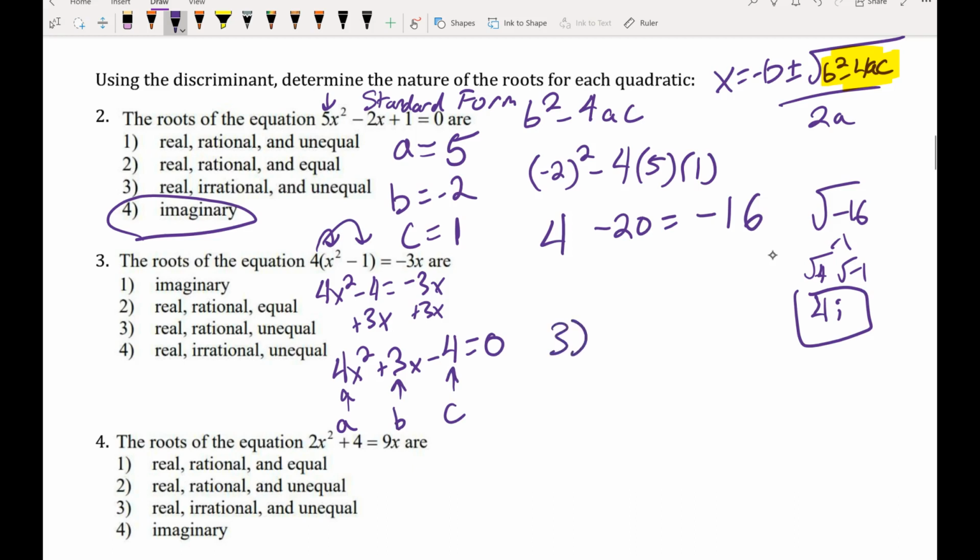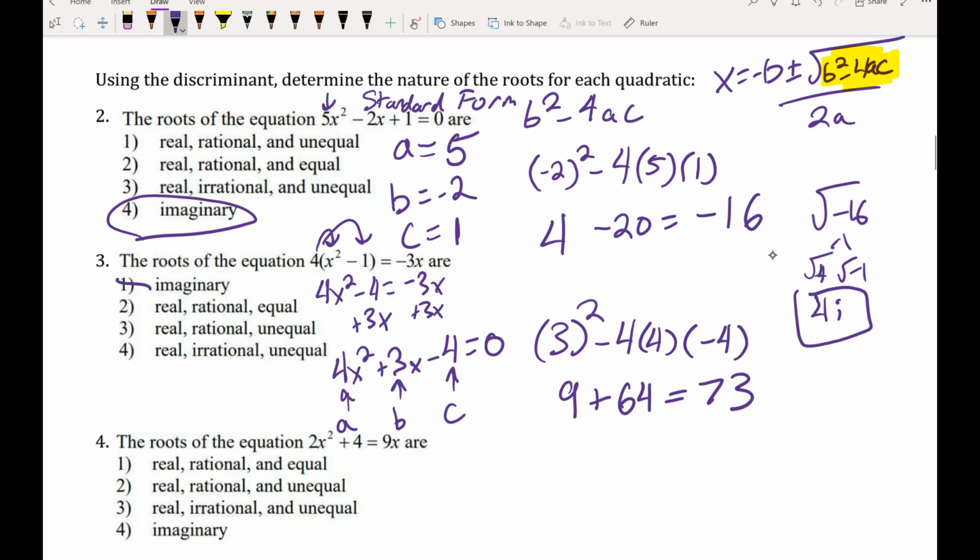So b squared is going to be 3 squared minus 4a, and my c is negative 4. So 3 squared is 9. 4 times a negative 4 is negative 16, times 4 is negative 64, and minus a negative gets me positive 64. So this discriminant is 73. So I know it's not going to be imaginary.